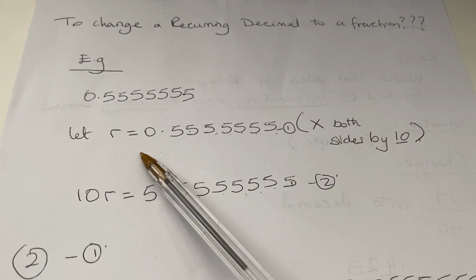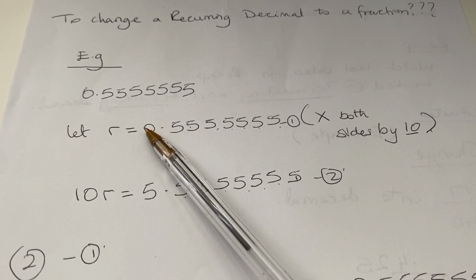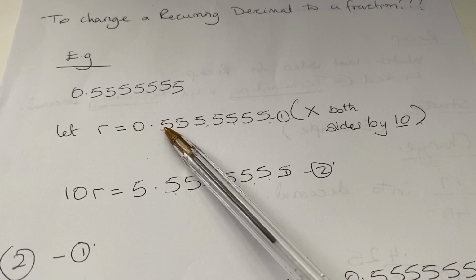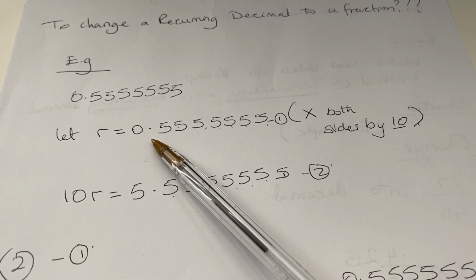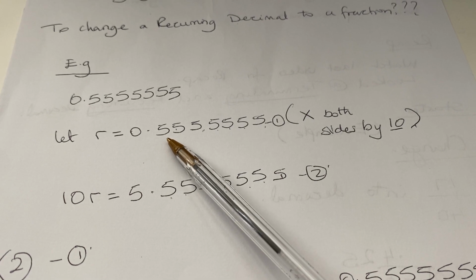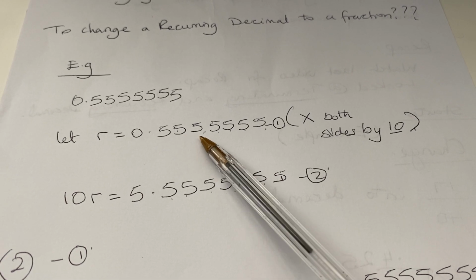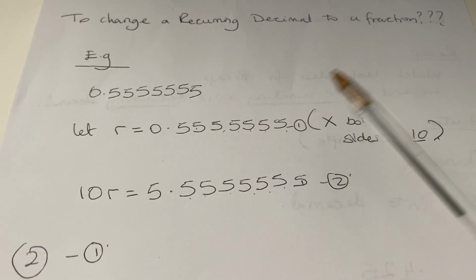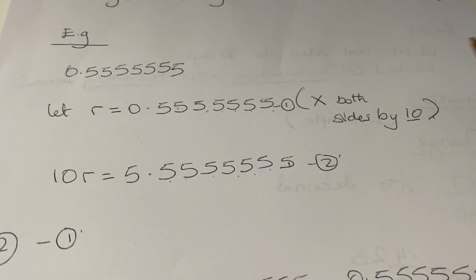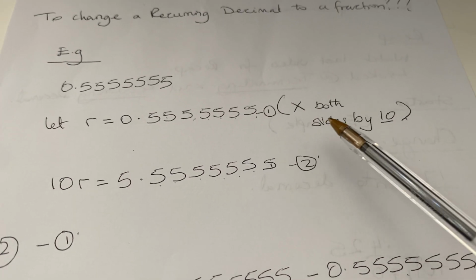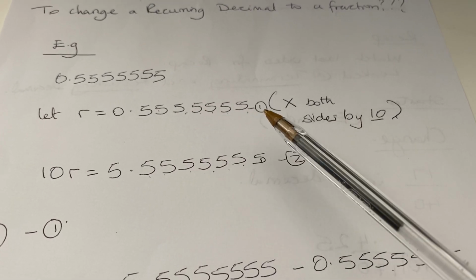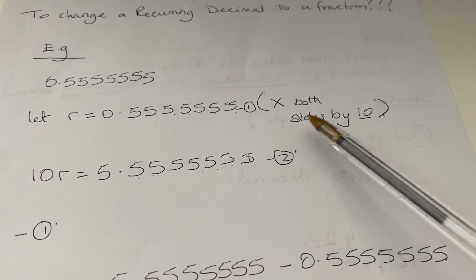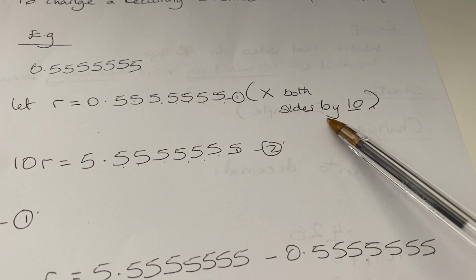So you can say let R, because it reoccurs, let R be 0.55555. How many fives do they give you? So I'm going to times both sides of the equation by 10.